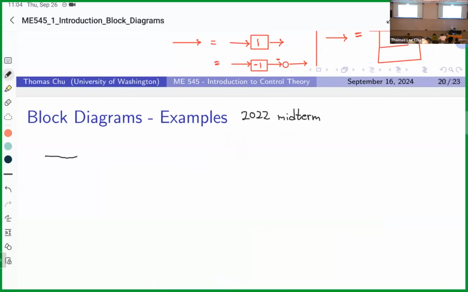where this is our block diagram. And so we have our input. We have a summing junction here going into a first block G1. We got a second summing junction.